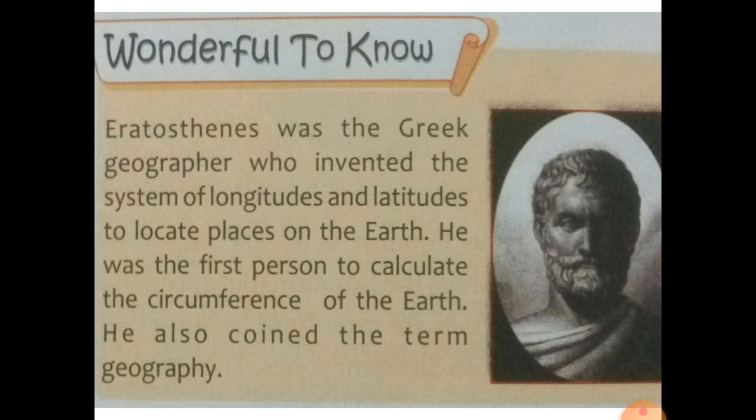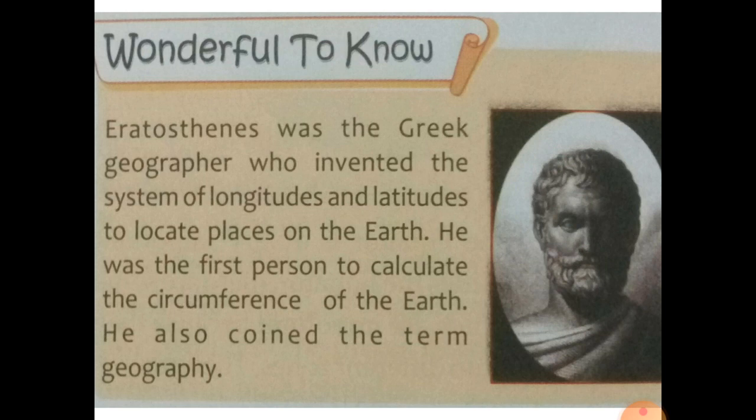Now here you will be getting to know that Eratosthenes was the Greek geographer who invented the system of longitudes and latitudes. The person who started this system of longitudes and latitudes is Eratosthenes, and he was the first person to calculate the circumference of the earth.